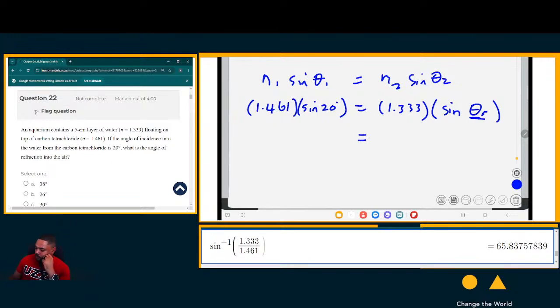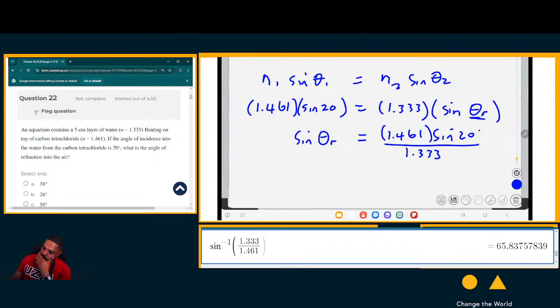So the angle of refractance is equal to the sine inverse of 1,461 multiplied by the sine of 20 degrees divided by 1,333.